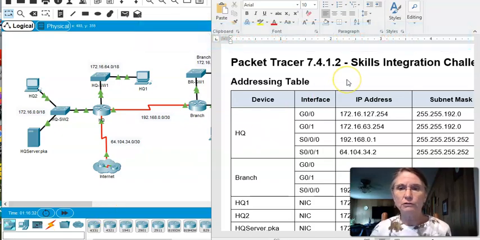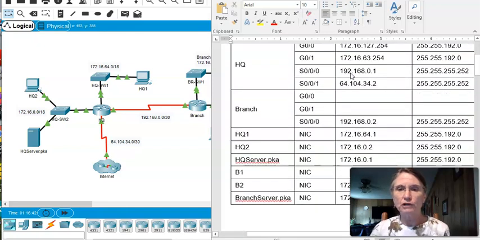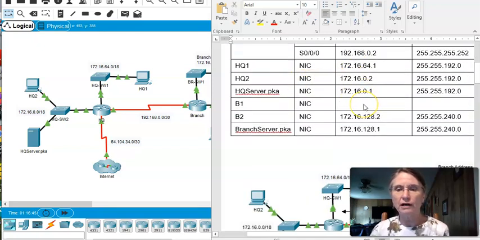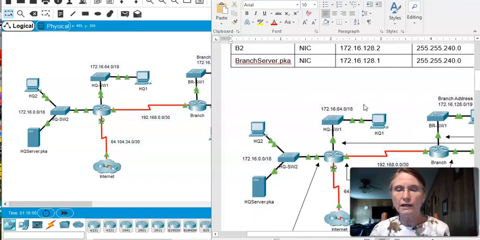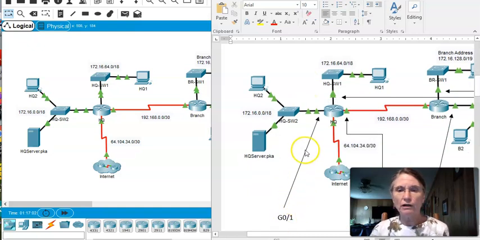To make it a little bit easier to navigate through, I have prepared a worksheet with the instructions and the addressing table so that we can be as efficient as possible.